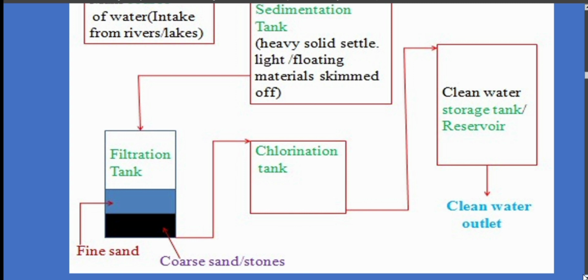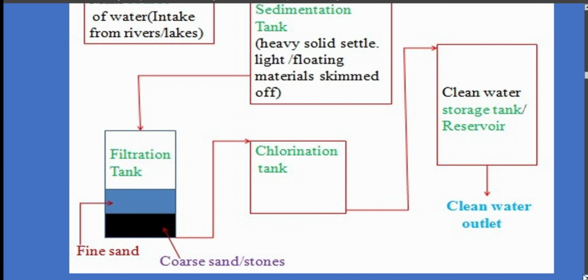Then this water is pumped to the chlorination tank. In the chlorination tank, we add chlorine into the water. The water is chlorinated using chlorine. Then from the chlorination tank, this water is clean and ready for consumption or for any other use.